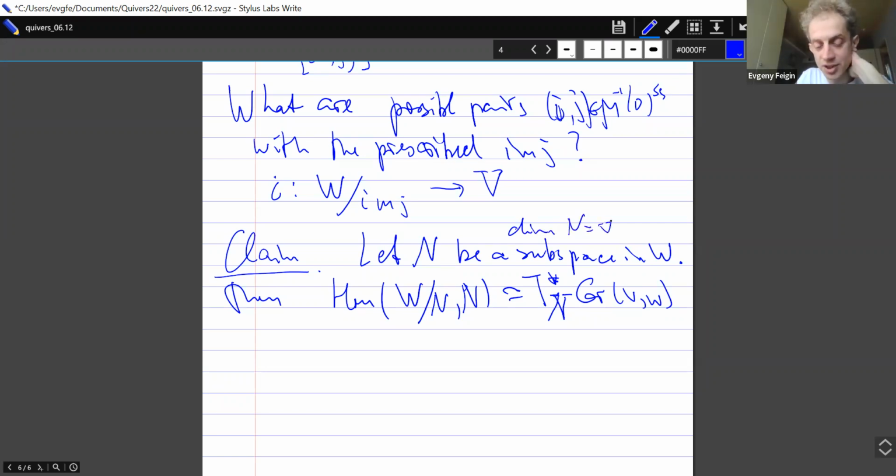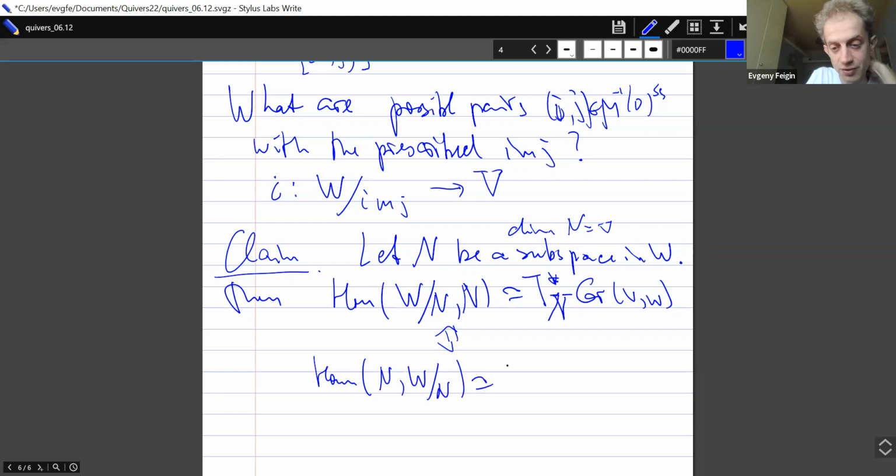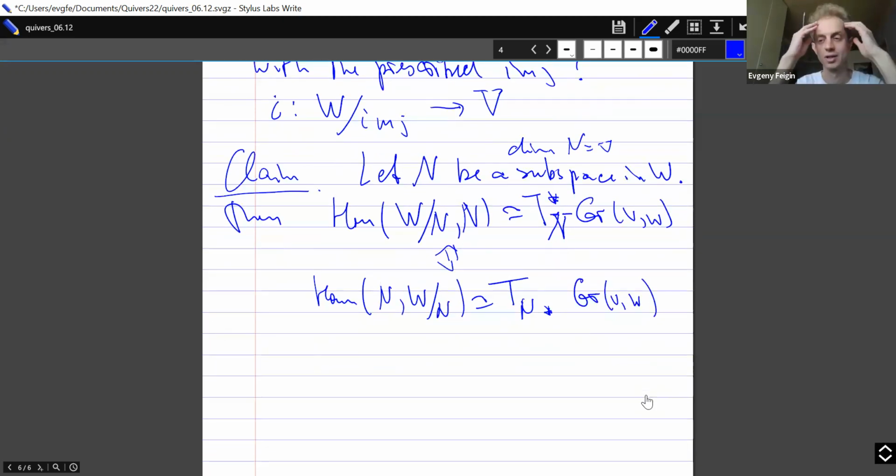Then we consider the Hom space from V mod N to N, and the claim is that this Hom space is isomorphic to the cotangent space to the Grassmannian at the point N. Or in other words, this can be rephrased as the Hom space in the opposite direction from N to W mod N is isomorphic to the tangent space to the Grassmannian. So is it clear why?